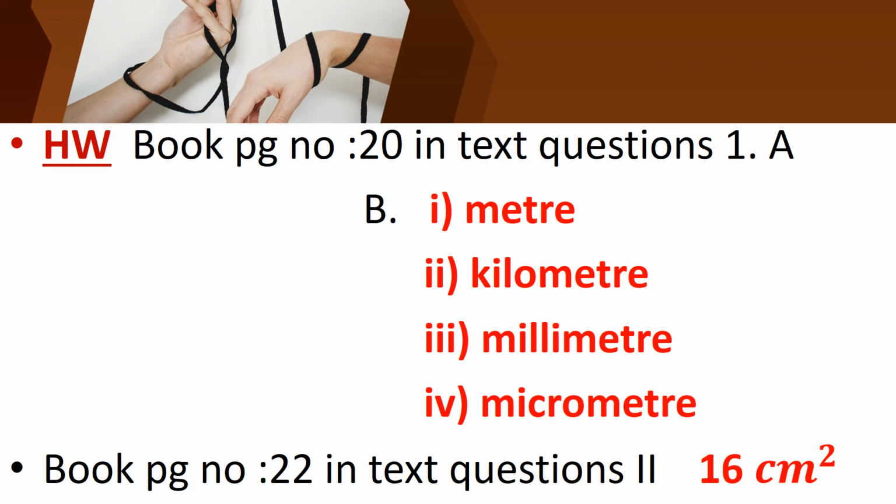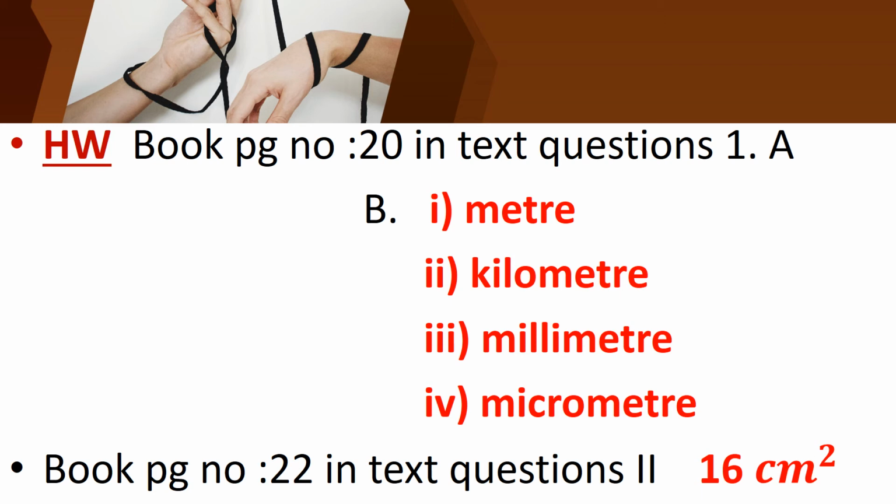And there is alphabet B. In which units would you measure the following lengths? The first question: length of a large playground can be measured in meter. Fill that blank as meter.